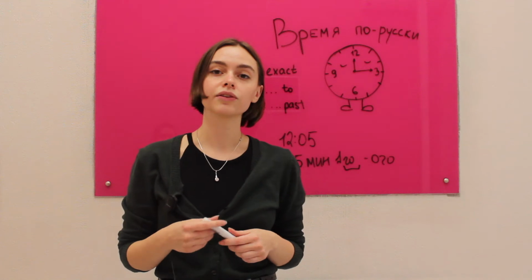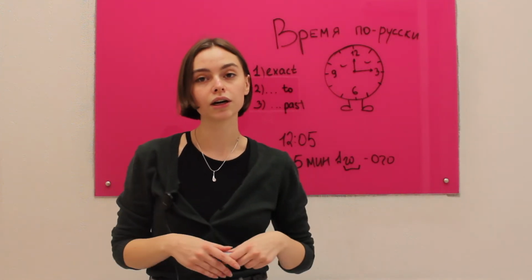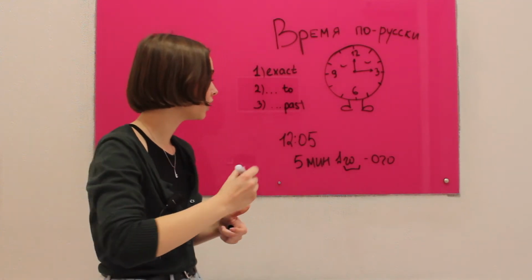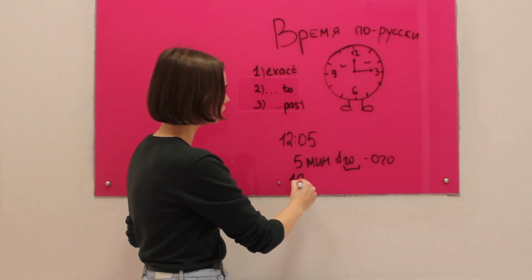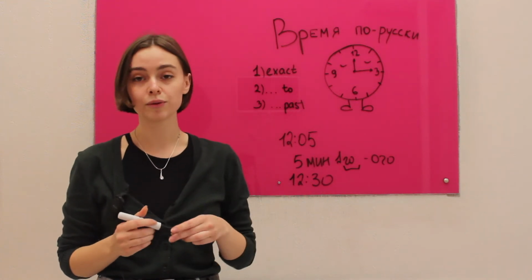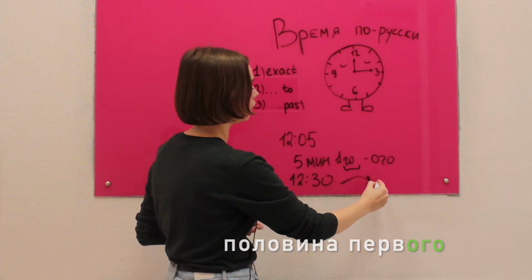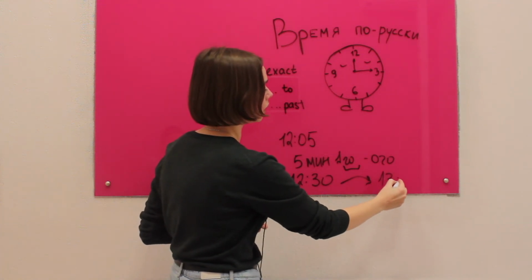When it's exactly 30 minutes before or after, we will always say половина. And then we're gonna name the next hour. So if it's 12:30, we'll say половина первого. So we talk about the 13th hour.